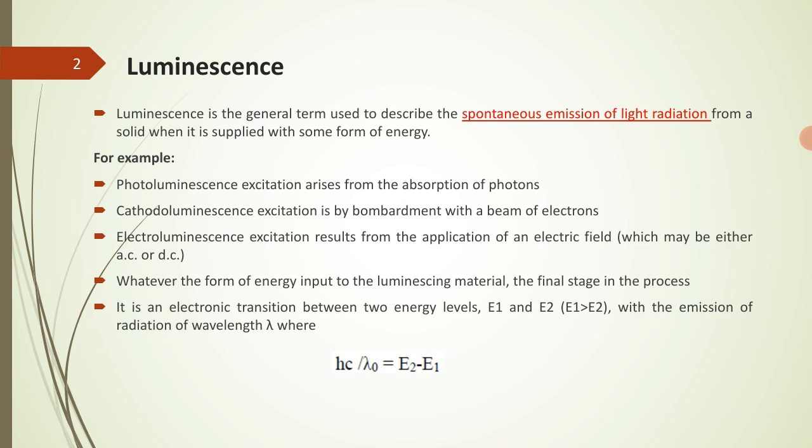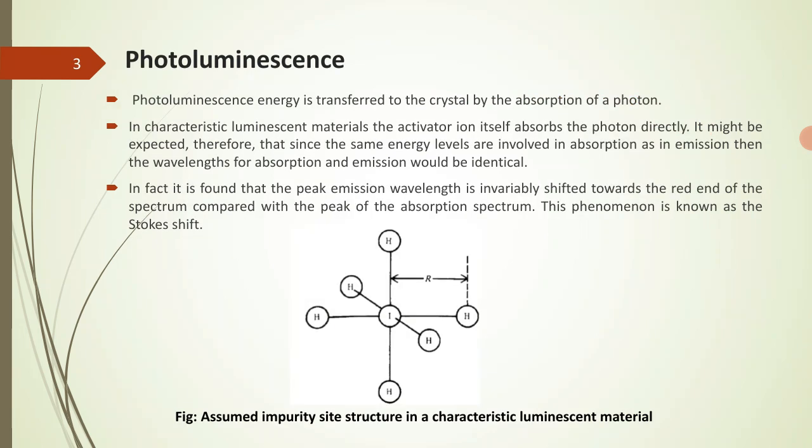Here there are four types of luminances available. First is photoluminance, which arises due to the absorption of photons; cathodoluminance, which occurs due to a beam of electrons; and the third is electroluminance, which results from the application of an electric field.